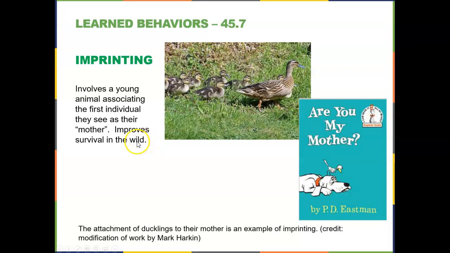So if you think about Darwin's survival of the fittest, why do traits persist? Well, the birds that imprint on their mother are more likely to survive. Hence, they will survive and then be able to reproduce later. So that behavior becomes something that works well as a learned behavior.